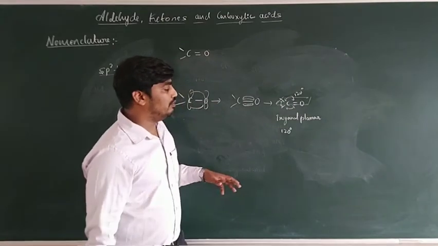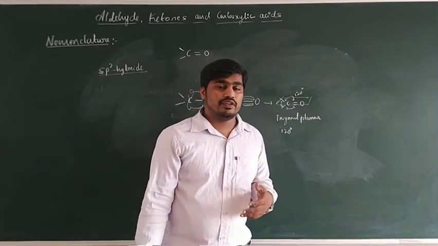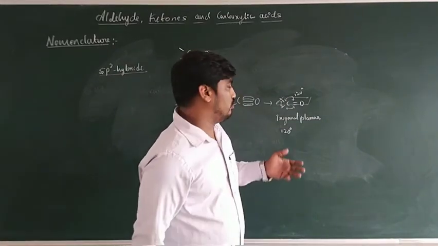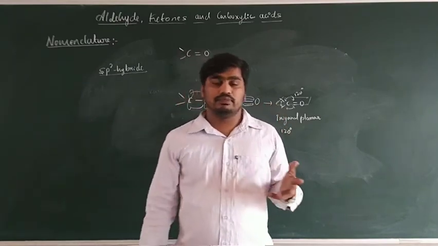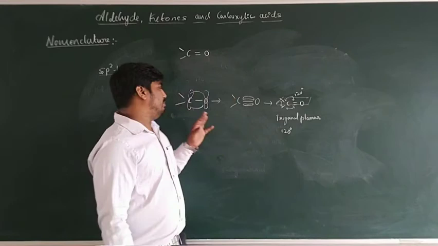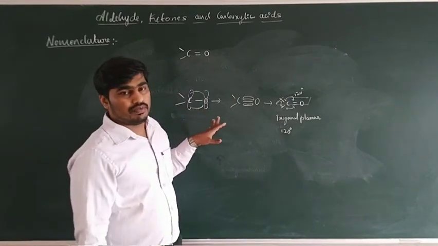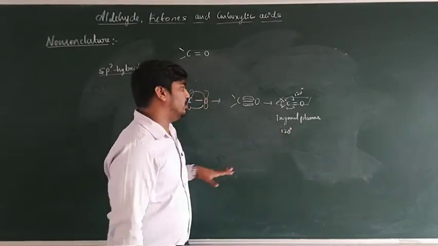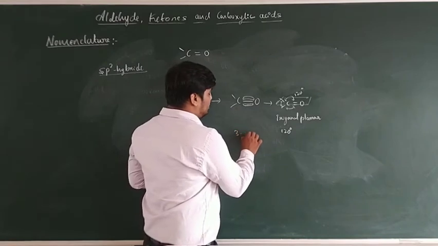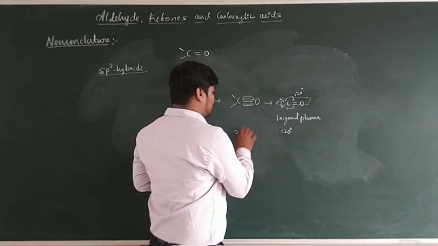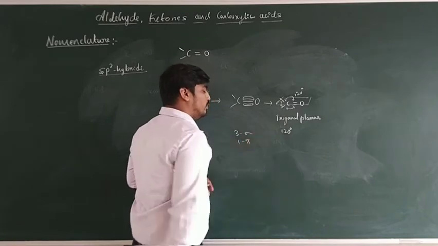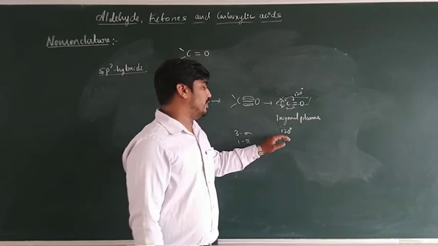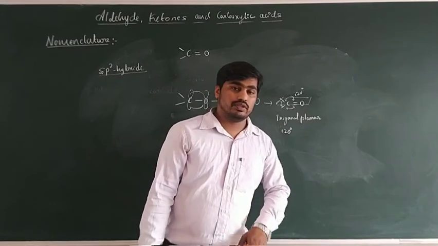So the bond angle is 120 degrees because of the absence of a lone pair of electrons. There is no lone pair. The fourth p orbital is involved in the formation of the pi bond. Therefore, there are 3 sigma bonds and 1 pi bond in carbonyl compounds, the bond angle is 120 degrees, and a trigonal planar structure is observed.